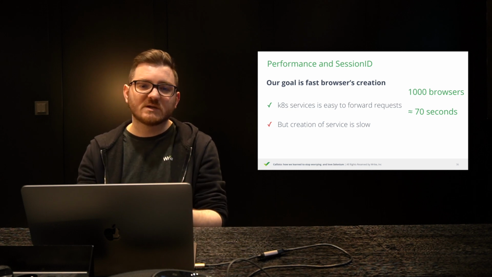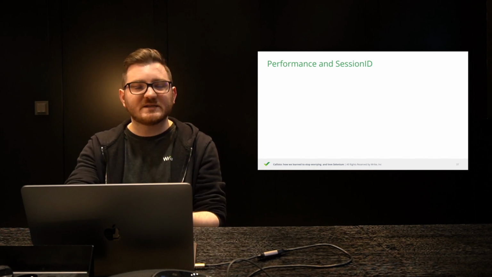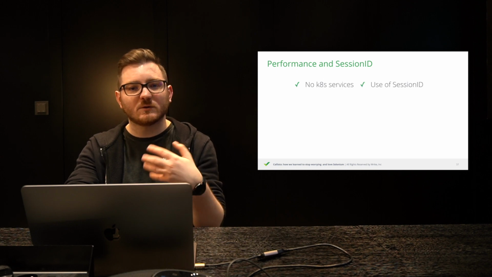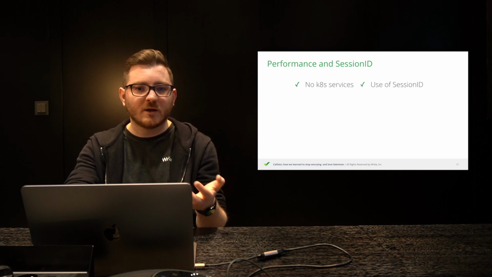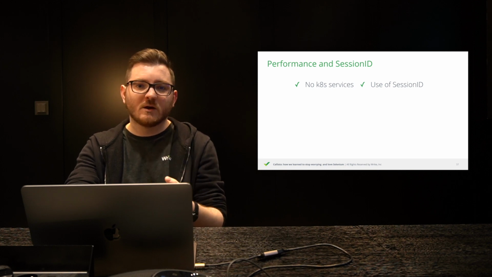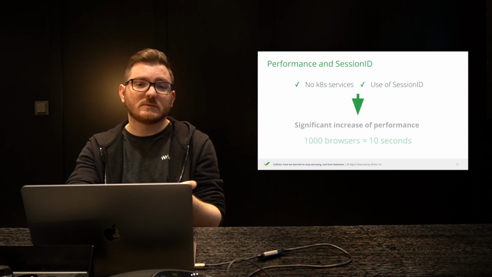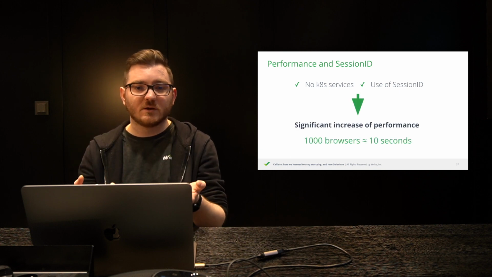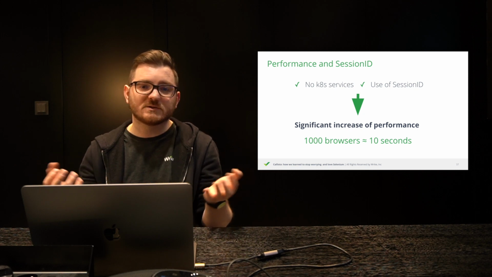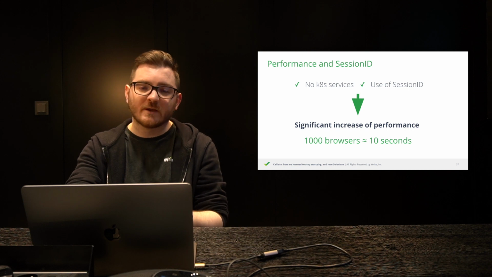And this was a really bad result. So we decided to opt out of creating Kubernetes services for our pods and started to use the session ID approach. And then we got a significant increase in performance. We need less than 10 seconds to create a browser in our cluster, and that's a great result, I guess.